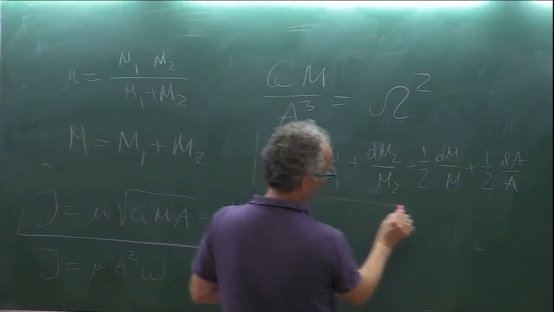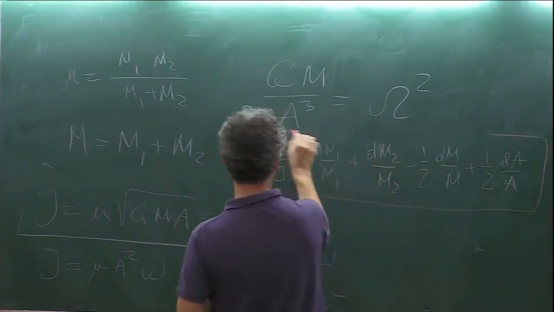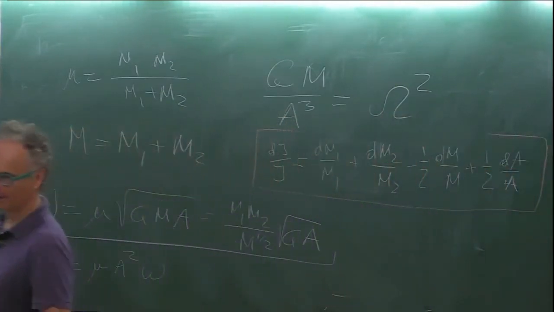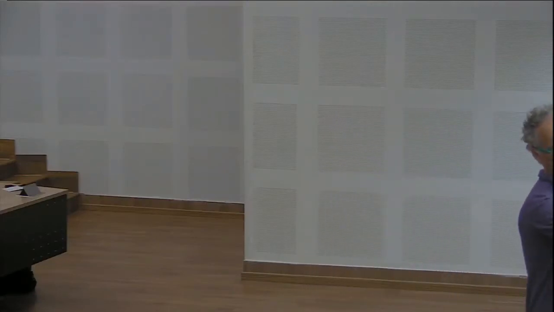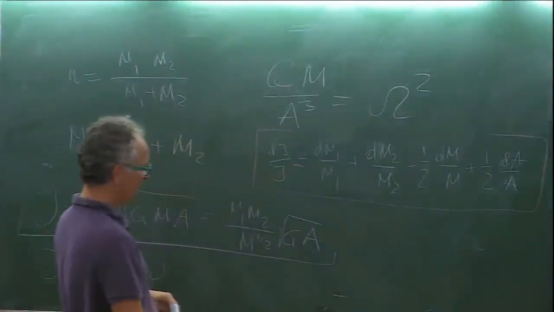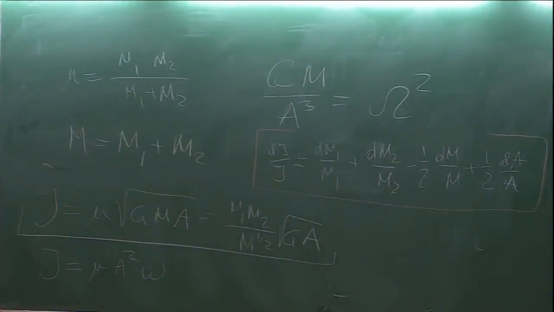This formula I put in a red box, because it will come back again and again when considering the evolution of the orbit under the influence of various factors. So we can equate the evolution of angular momentum, the constraints on the angular momentum in the orbital motion, with the rate at which angular momentum is lost from the system.